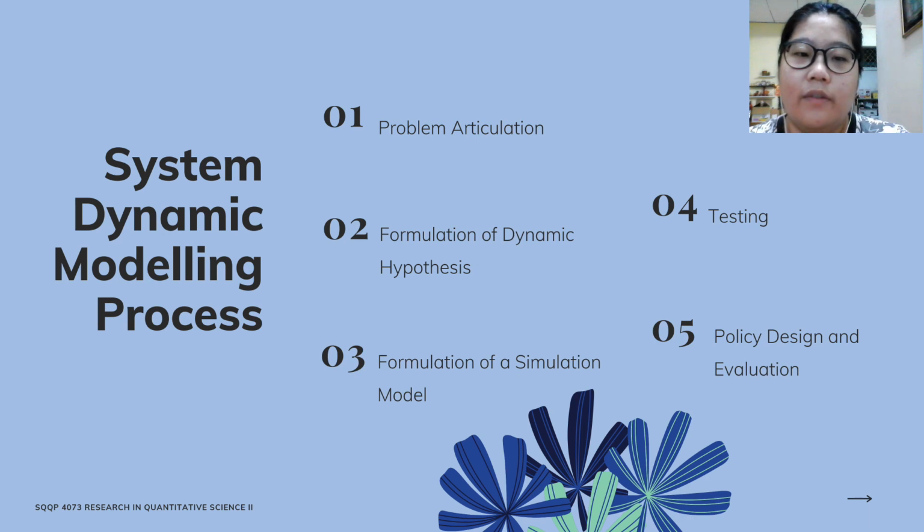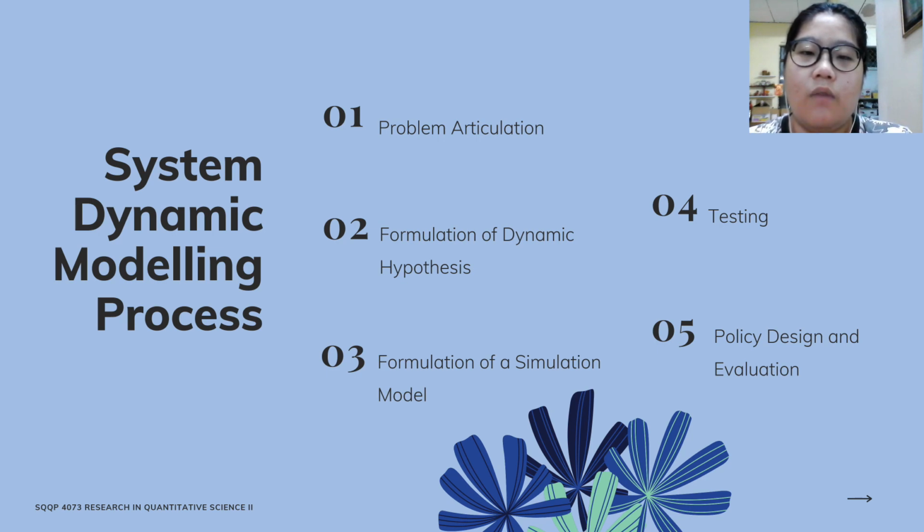There are 5 stages of the system dynamic modeling process: problem articulation, formulation of dynamic hypothesis, formulation of simulation model, testing, and policy design and evaluation. For the first one, problem articulation, the researcher will define the model purpose and key variables and set the time horizon.